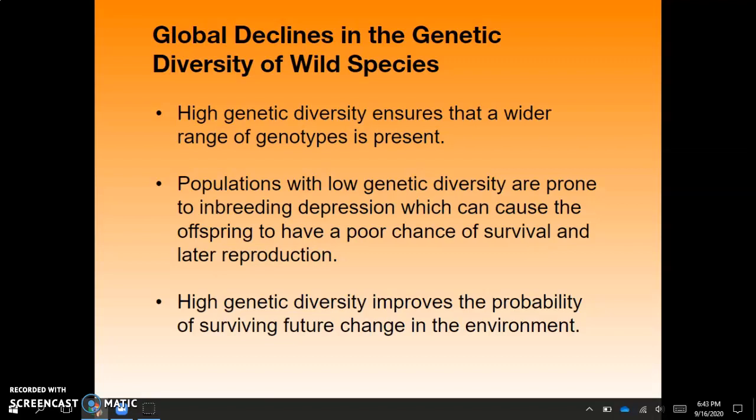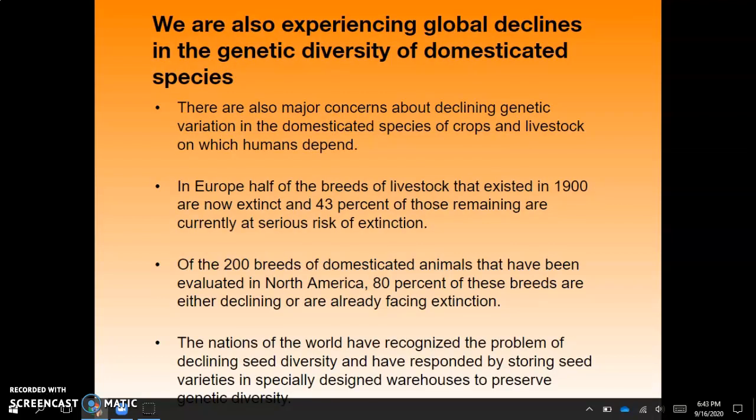So if you don't have a lot of diversity and you have a lot of inbreeding in a population, I mean, it's illegal for humans for a reason, because if a brother and sister were to have a baby together, they're so similarly related genetically, the chances of that child having a disability or having genetic issues is very high. So just having a higher genetic diversity improves probability of surviving future change in the environment.